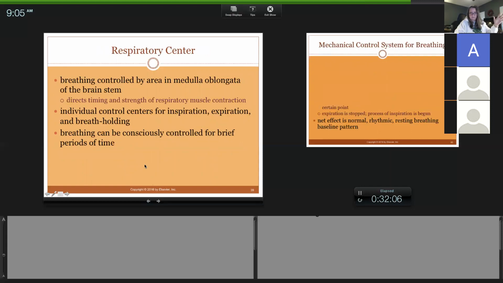The brainstem, specifically the medulla oblongata, which is at the base of the brain heading into the spinal cord, is the respiratory center. If you hold your breath for too long, eventually the respiratory center is going to trigger a breath because CO2 is climbing since you're not breathing, and it's going to want to regulate that CO2.